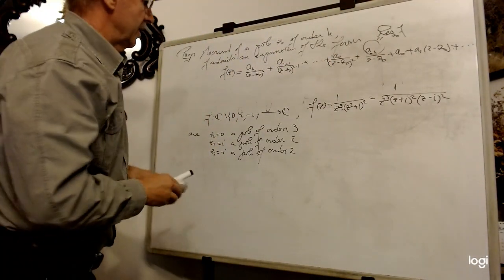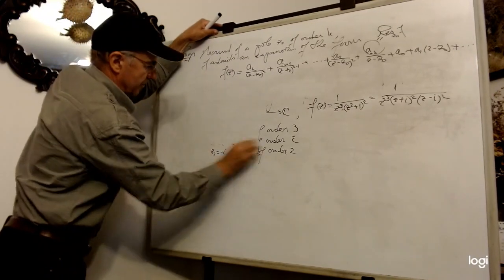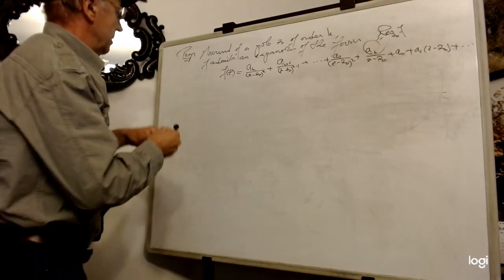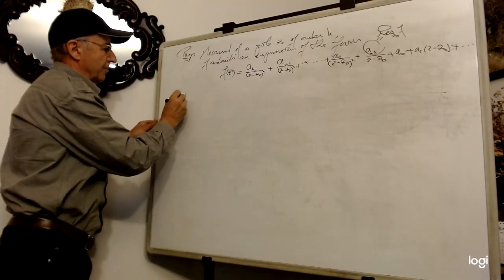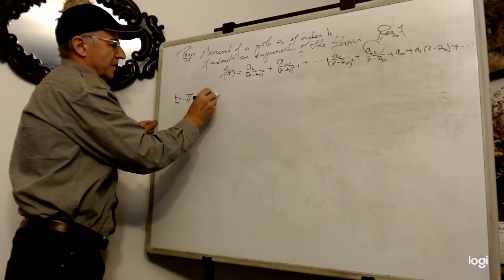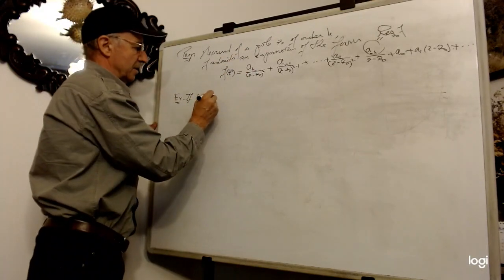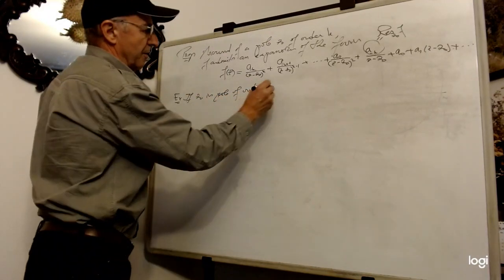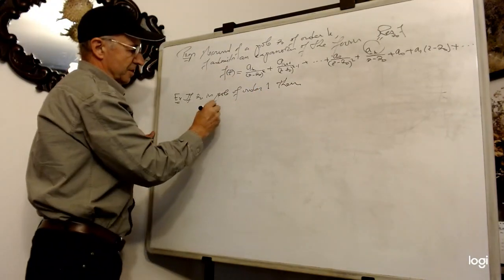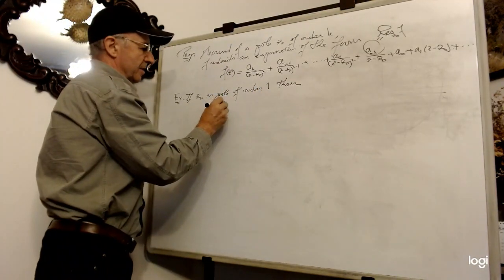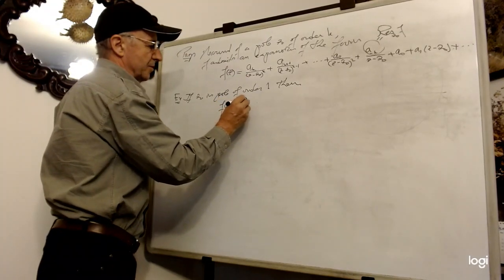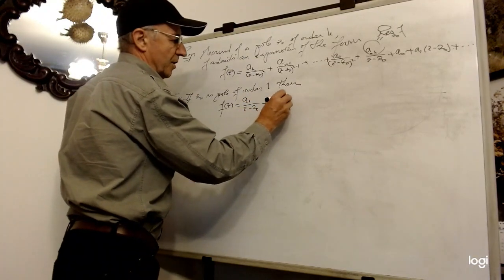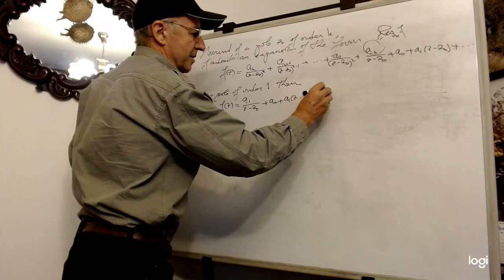Let us analyze the case of a simple pole. For example, if z0 is a pole of order 1, a simple pole, then the expansion looks like this: f(z) = a_{-1}/(z - z0) + a0 + a1(z - z0) + and so on.